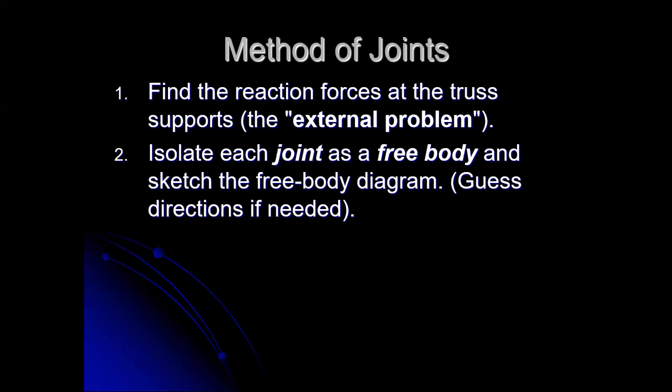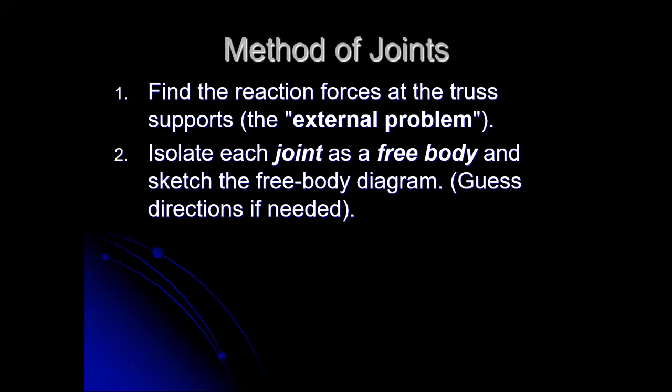Now, unfortunately, it doesn't give us everything. Remember that we can only get 2 or 3 unknowns in a problem and still be able to solve it. We have many more unknowns than that. In a typical truss, we have 2 unknowns for each member.